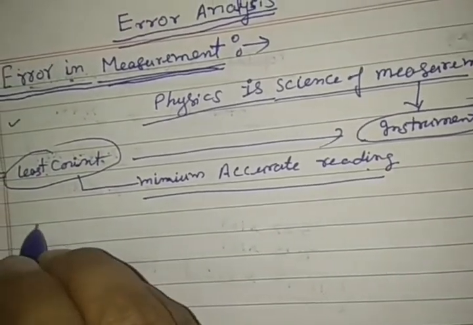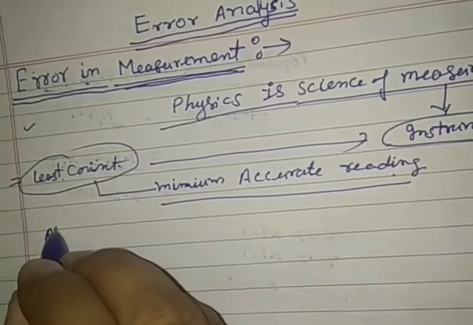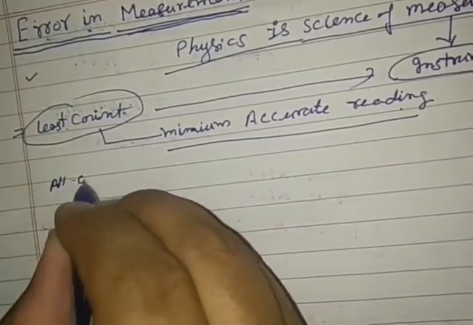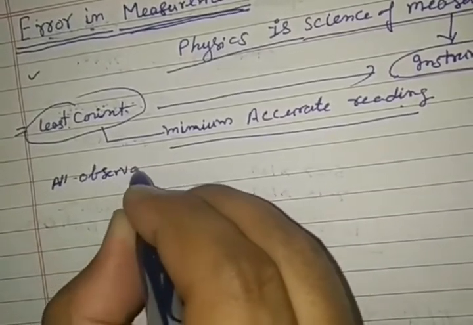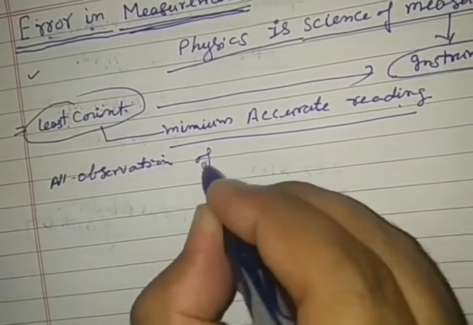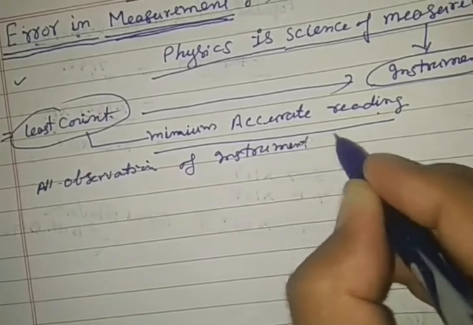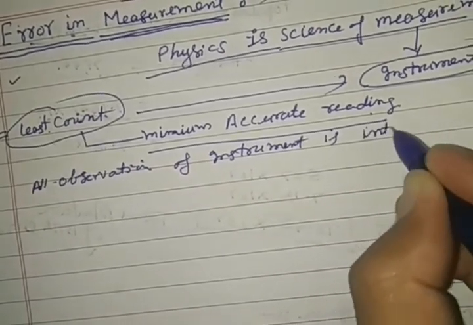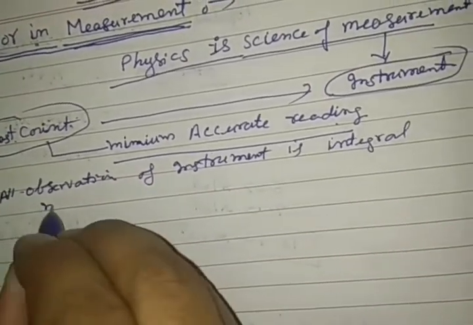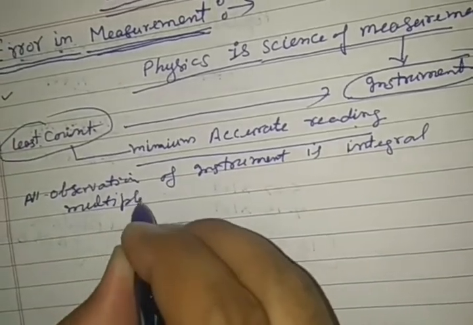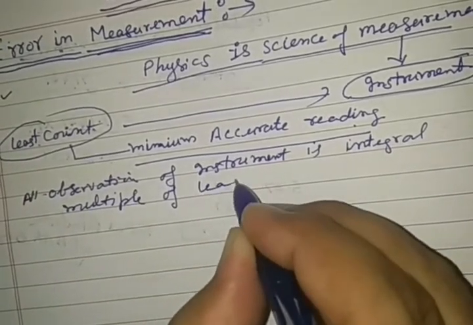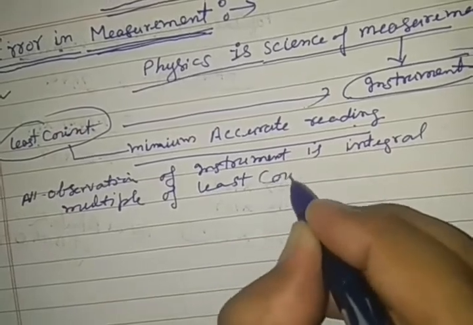That is why all observations of an instrument are integral multiples of the least count.